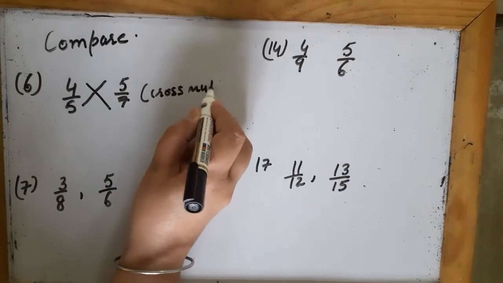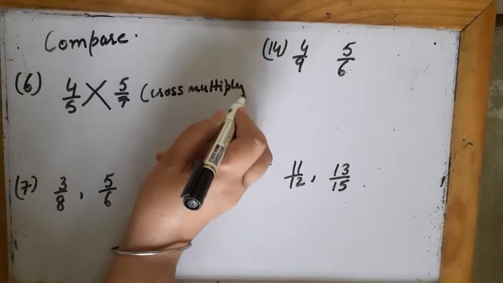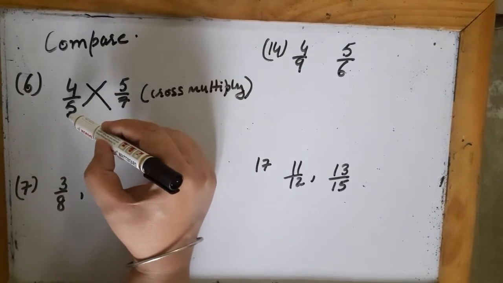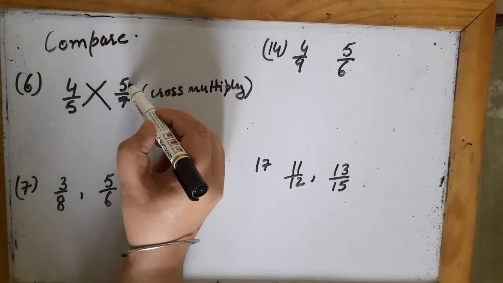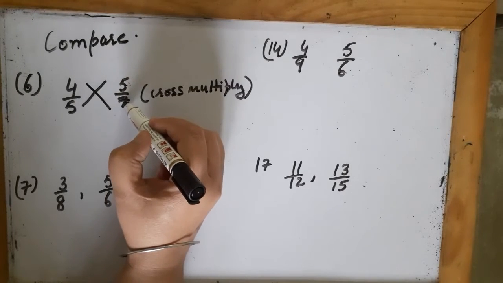Cross multiply means you multiply this with this, and this with this.